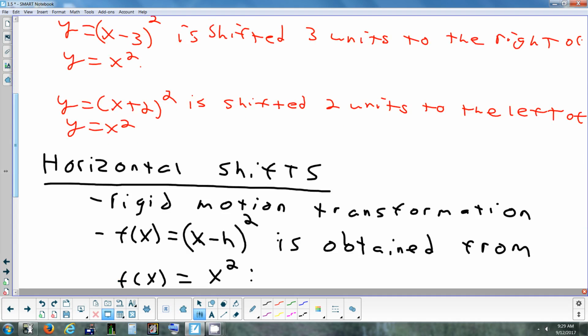So again, horizontal shift, that's rigid motion. It's not distorting the graph.